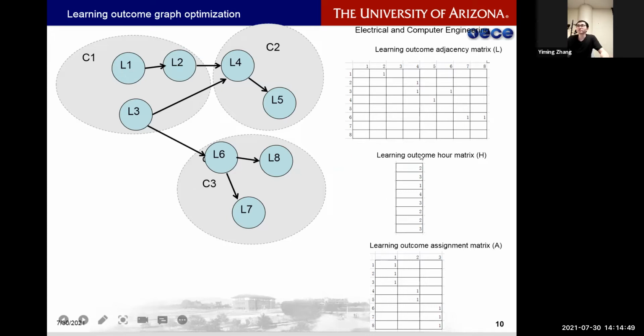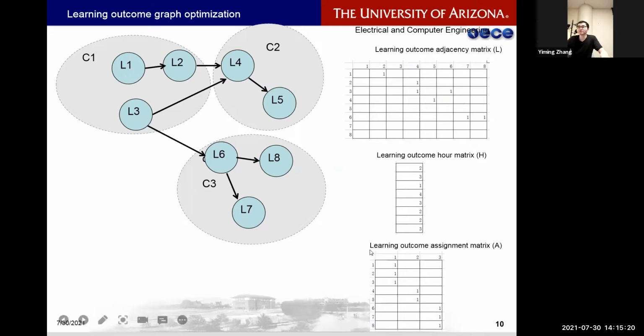The second matrix is the hour matrix, which means literally the number of hours we need to spend to learn each learning outcome. So the number 2 here means we need to spend 2 hours for the first learning outcome, and the number 3 means we need to spend 3 hours. The last matrix is called the assignment matrix, which means how we are going to group the learning outcomes together into courses.